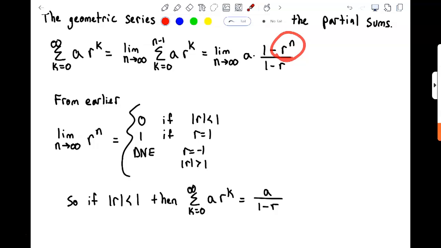So the numerator is just 1, 1 times a is just a, and the denominator is just 1 minus r.